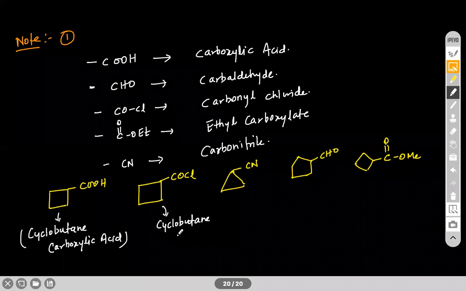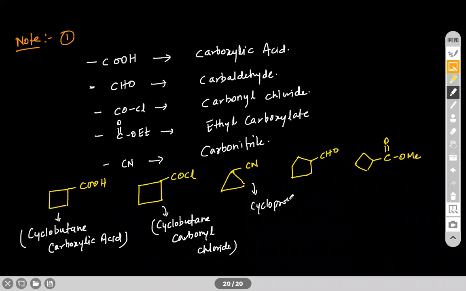Cyclobutane carbonyl chloride. This one is cyclopropane carbonitrile.